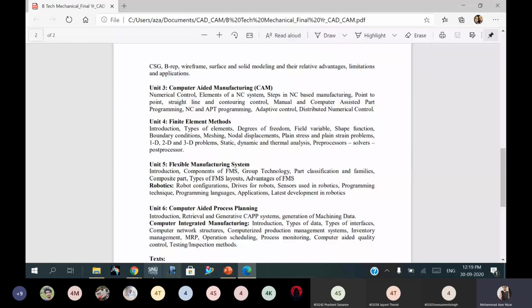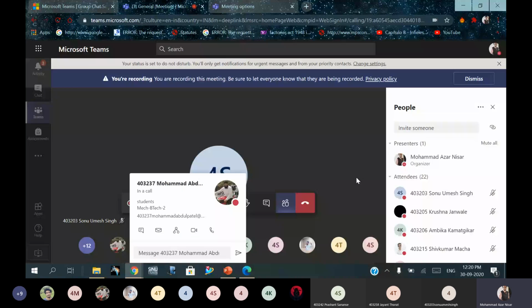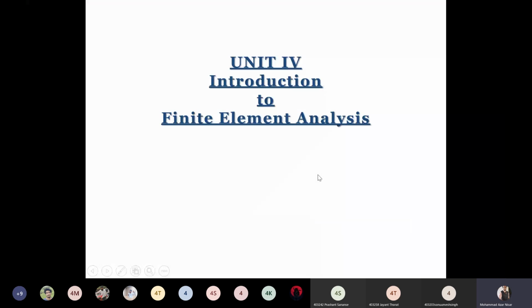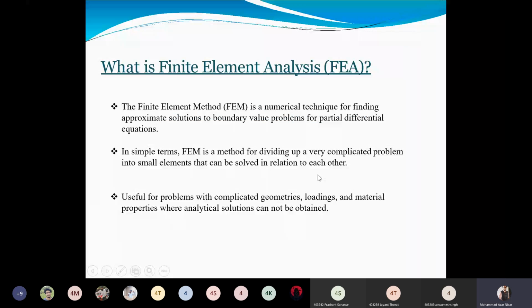So starting with the first, the introductory part. What is FEM or FEA? It is finite element analysis, a numerical technique for finding an approximate solution, not an exact solution. There are two types of solutions, the approximate solution and the exact solution.